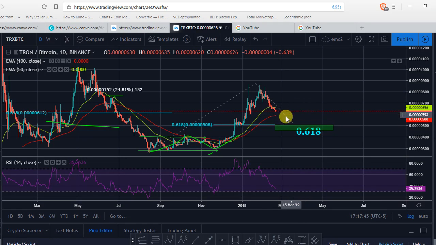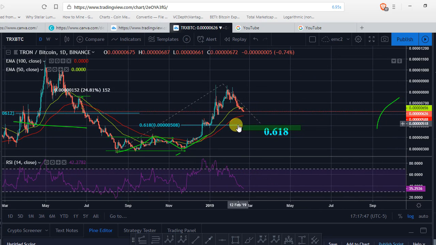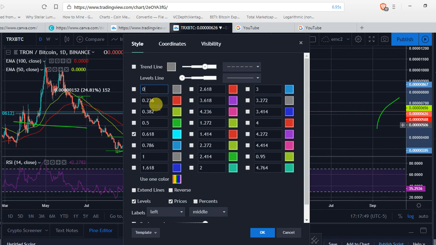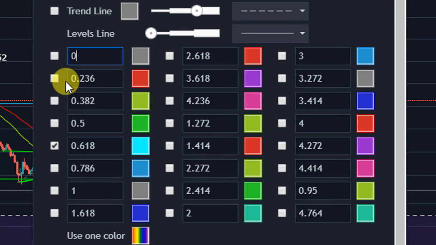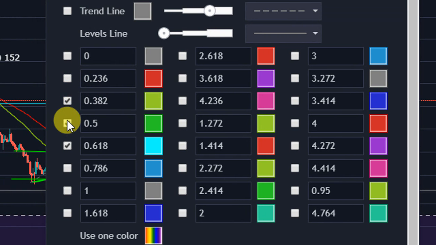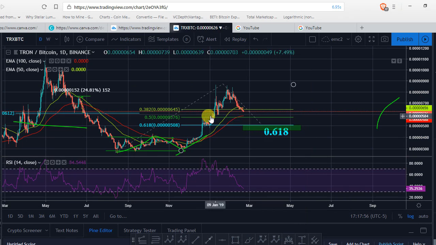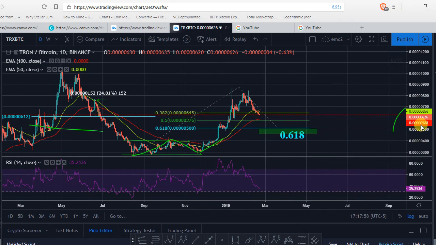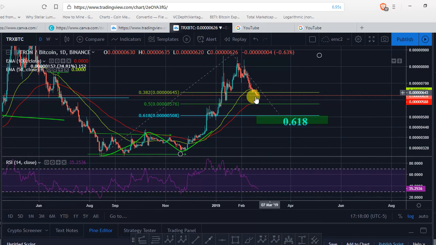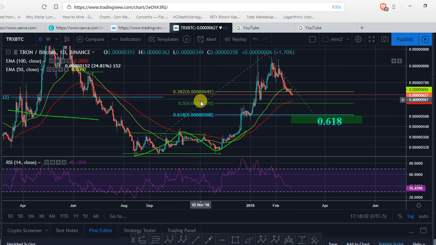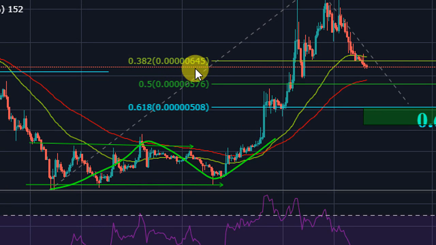So also if you go back and look at these Fibonacci areas, right around this 0.382 and then this 50% right here, you can see Tron wasn't able to be supported by this 0.382 region, which is roughly 650 sats.